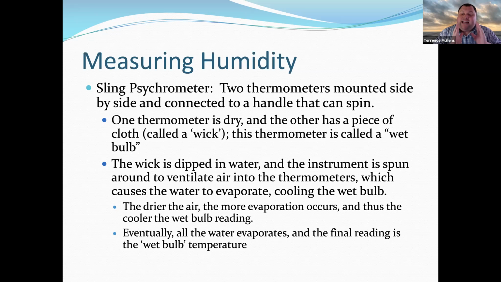You can use that difference between the dry bulb temperature and the wet bulb temperature to give you a relative humidity. There's a little chart that you can look up. In fact, many of these Sling Psychrometers actually have the chart built into them, so you can just do it right there. And that's what many firefighters are doing right now.